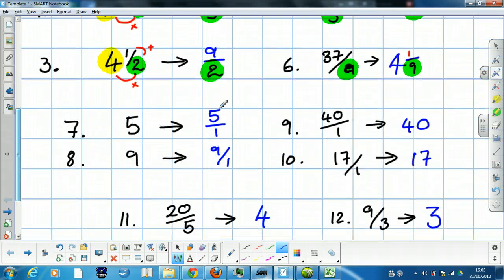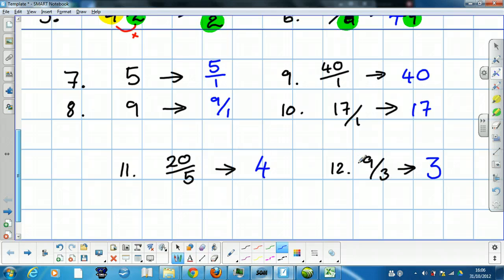To change a whole number to an improper fraction, just put a 1 underneath. And to change an improper fraction with 1 as the denominator, just get rid of the 1. Be aware that sometimes when you're changing improper fractions, you may find that in fact your answer is an integer. Thank you for listening.